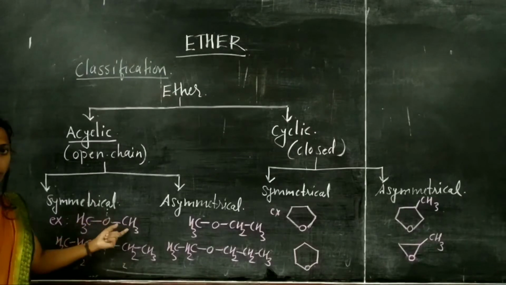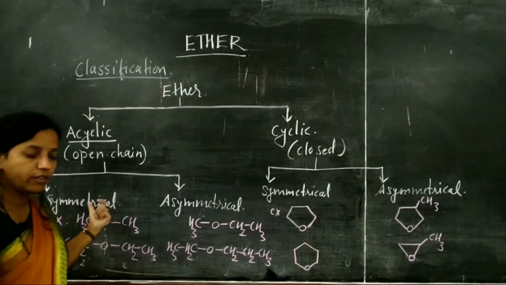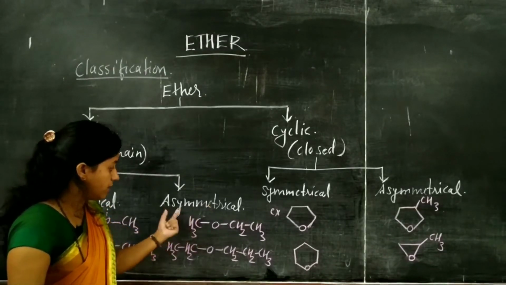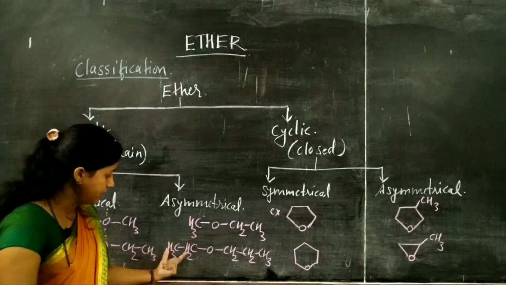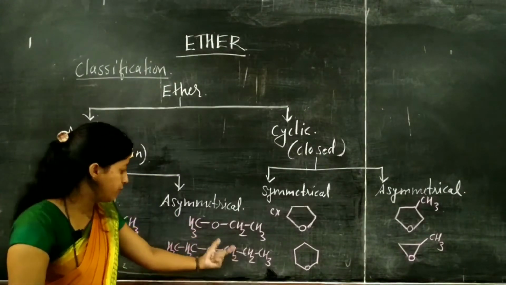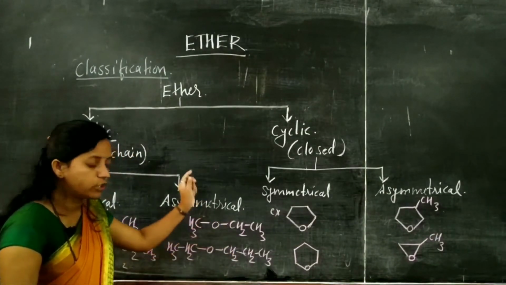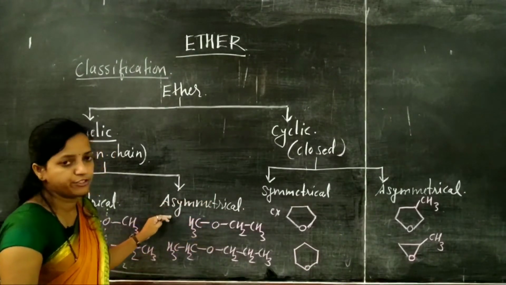So both sides have identical groups on either side of oxygen. In case of asymmetrical, there are different groups on either side of oxygen. Here it is ethyl, here it is propyl group, here it is methyl, here it is ethyl group. So we will not get two equal halves when you cut from this. Because of that it is called asymmetrical ether.